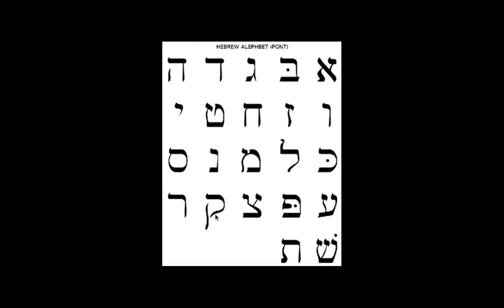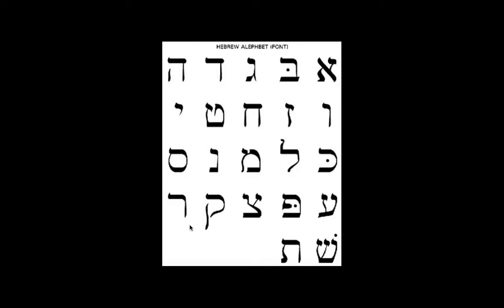So let's go back and review. Aleph, Bet, Gimel, Dalet, Hey, Vav, Zayin, Chet, Tet, Yud, Kaf, Lamed, Mim, Nun, Samech, Ayin, Pei, Tzadi, Kuf, and then we have Reish.